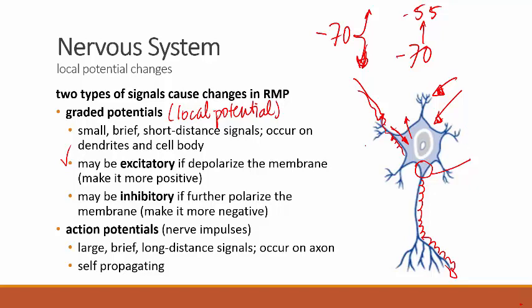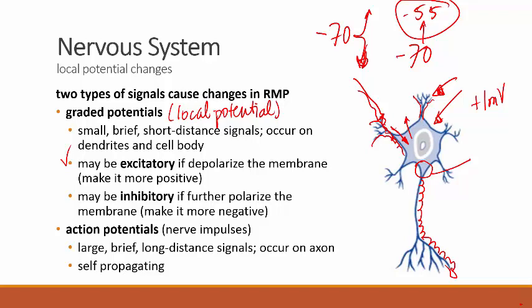If we get one graded potential coming in and another one coming in, and each of these little graded potentials carries with it a plus 1 millivolt change in the resting membrane potential, and 15 of them arrive at the same time here at the axon hillock, then that will change the membrane potential of the axon hillock and bring it to threshold, and then an action potential can arise.